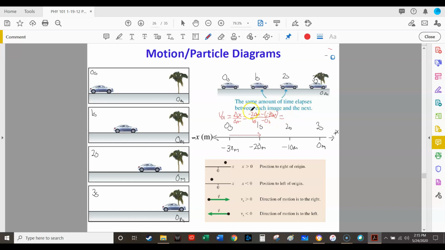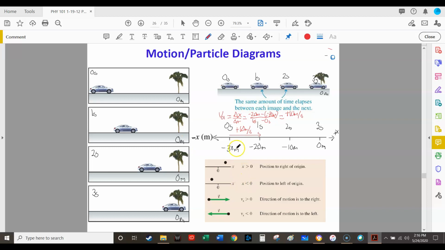That works out to positive 10 meters over the period of 1 second. So it looks like this object is traveling at a speed of 10 meters every second, and its displacement is in the positive x direction. Even though its positions, again, from that second activity that we were on, we were talking about how position is different from velocity.